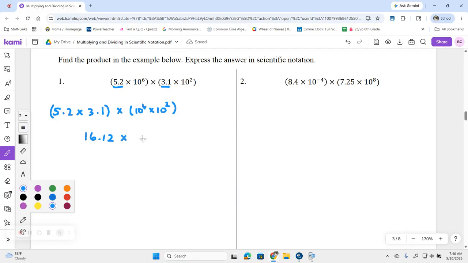And 10 to the 6th times 10 to the 2nd is 10 to the 8th. 16.12 is not between 1 and 10, so we have to shift that decimal point over. We've got to remember to adjust our exponent. So 16.12 becomes 1.612, and our exponent goes up from 8 to 9.